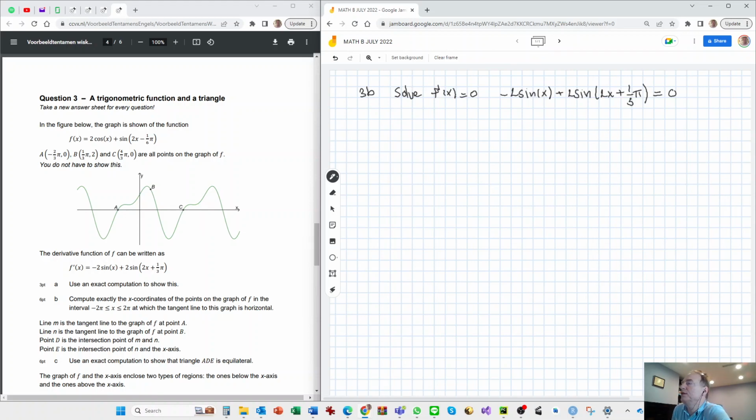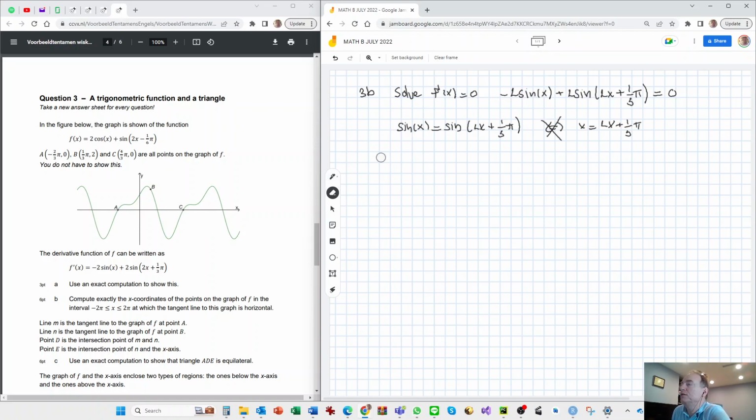Let's say we can divide out the 2's here, and we can say the sine of x has to be equal to the sine of 2x plus 1/3 pi, and it would be easy to say that that means x is 2x plus 1/3 pi, but that will be wrong.